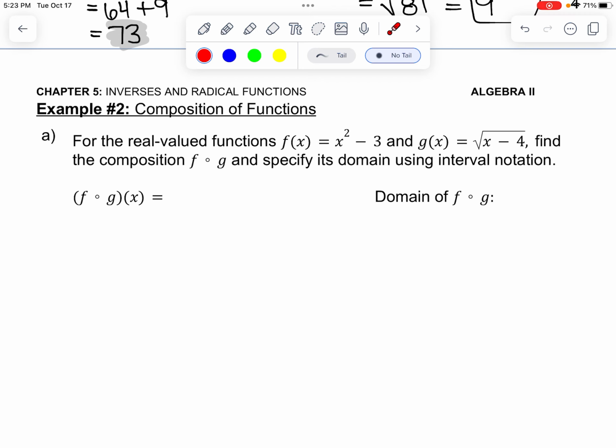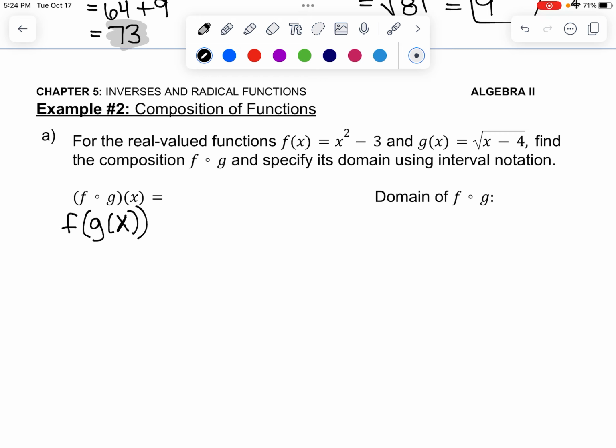So letter A, it says for the real value functions, f of x equals x squared minus 3, and g of x equals the square root of x minus 4, find the composition f of g and specify its domain using interval notation. So f of g of x, just as a reminder, is what we're talking about here.